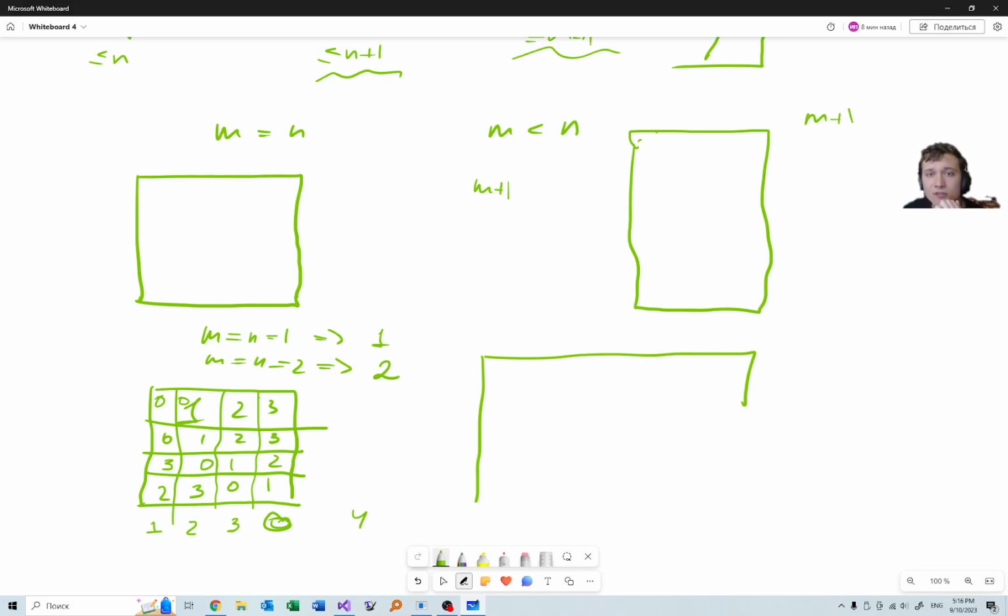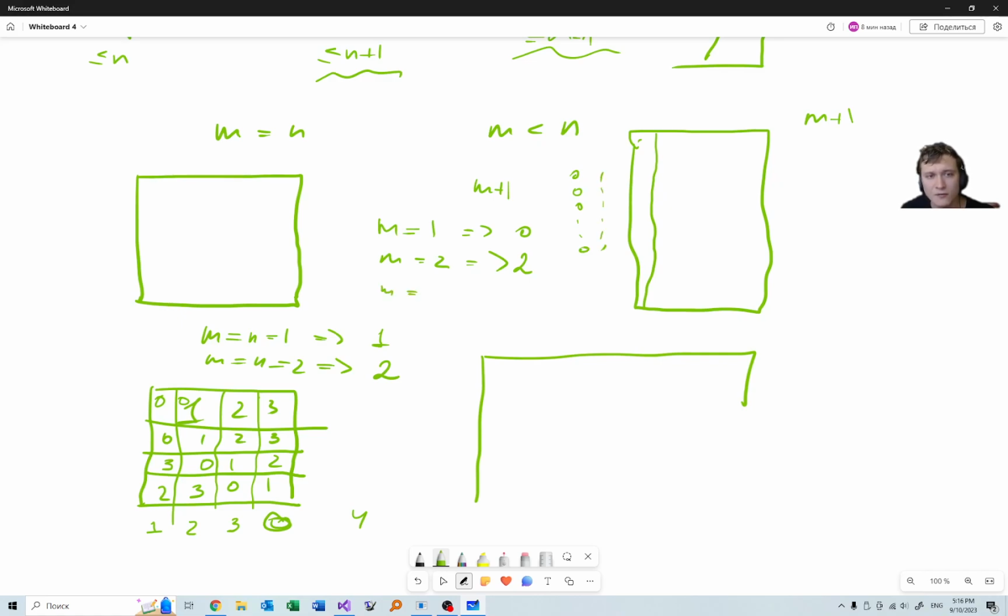Like I need no zeros here. For example, okay, m equals 1, it is always 0. If m equals 2, it's like always 2. Yeah, because I can fill one with 0 and the second one with 1s.